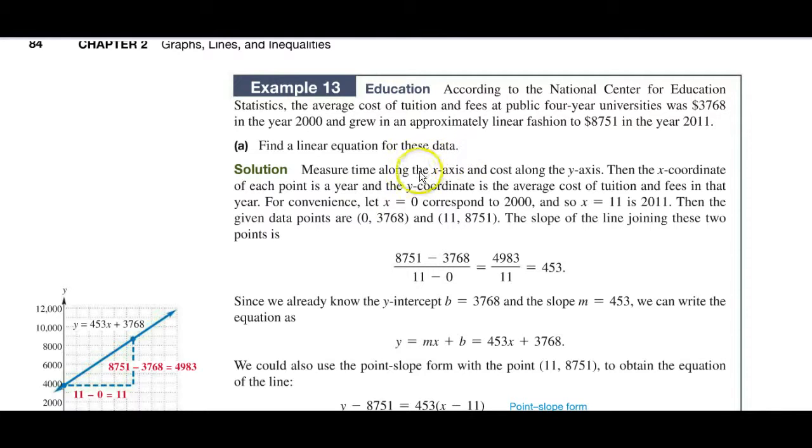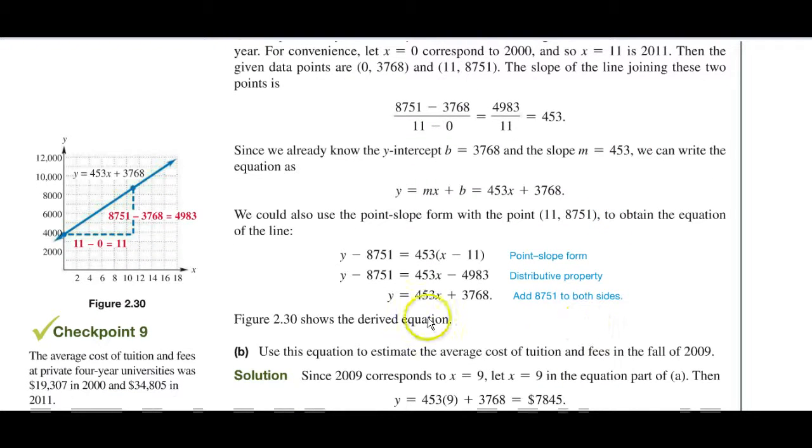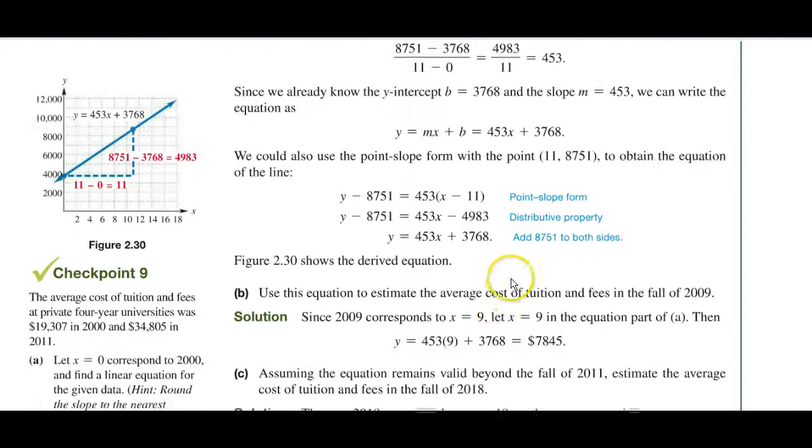And here's a case where they're giving you two sets of data. You have to find the slope, which is this, and then use the point-slope form to develop your slope-intercept equation, and then use this to actually get some results.